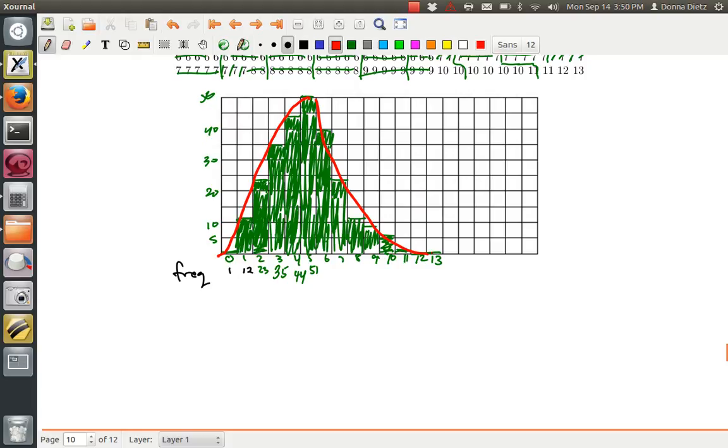If you had 2,000 groups do this experiment, it will never get smooth. That's the crazy part, because even though you'll get more numbers on this axis, you're still going to have some gap between here and here. These look kind of smooth eventually, but there's always going to be a jump from here to here.